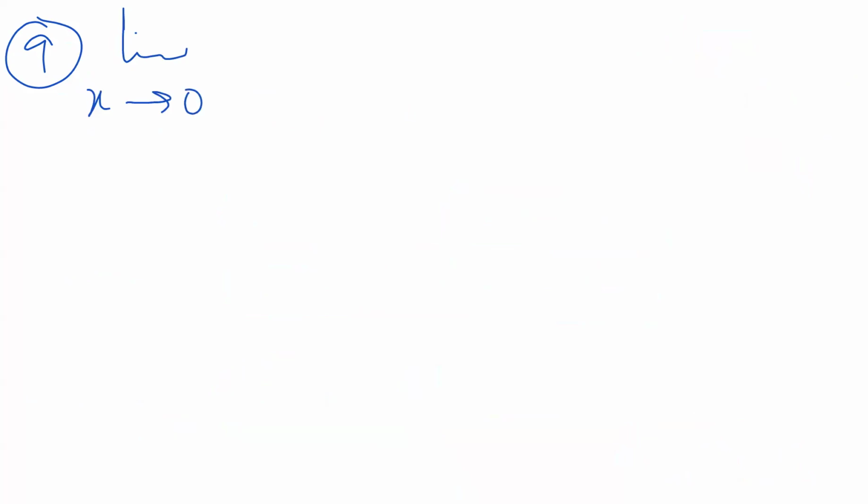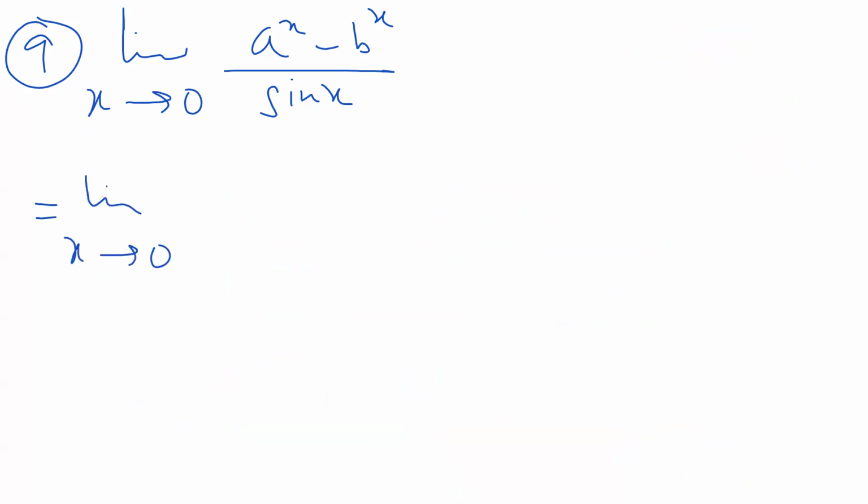Limit x approaching 0, a raised to x minus b raised to x upon sin x. X approaching 0. I require minus 1 over here. So if I'm putting minus 1 over here, after b raised to x, what will I write?